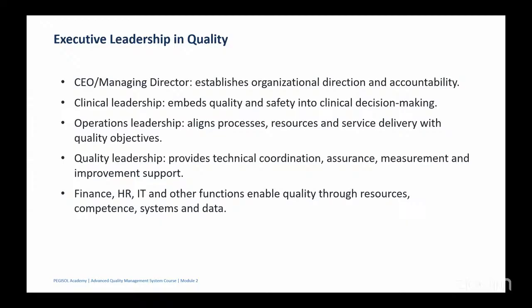They will have other functions like finance, HR, IT, and other functions that enable quality through resources, competency systems, and data. So you see that this is the executive leadership in quality. So every aspect must be quality. That's what we call total quality management system.